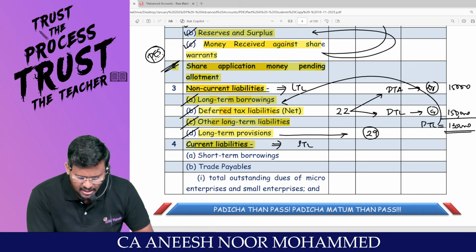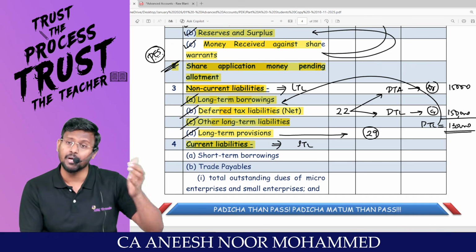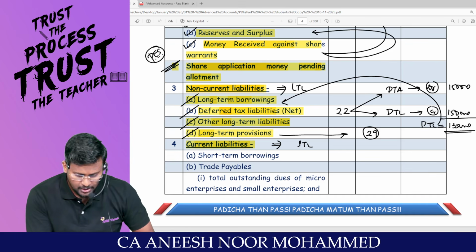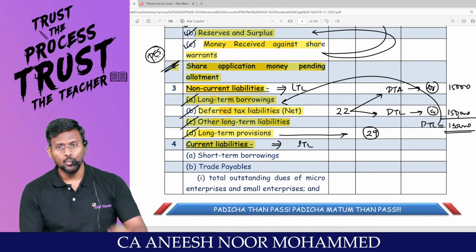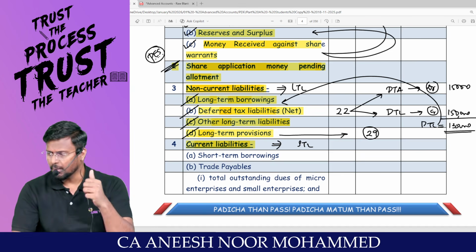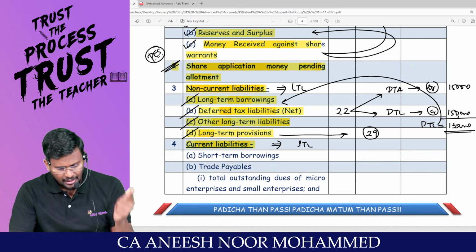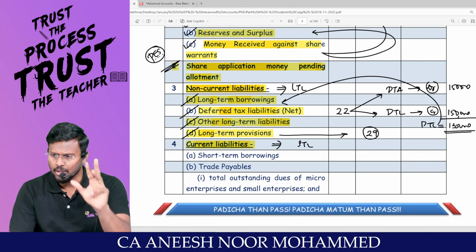Miscellaneous, sir, C, other long-term liabilities. I close the liability section. Now I am coming to the provision section. That's clause D, long-term provisions. So what are the four non-current liabilities? Long-term borrowings, deferred tax liabilities net, other long-term liabilities, long-term provisions.